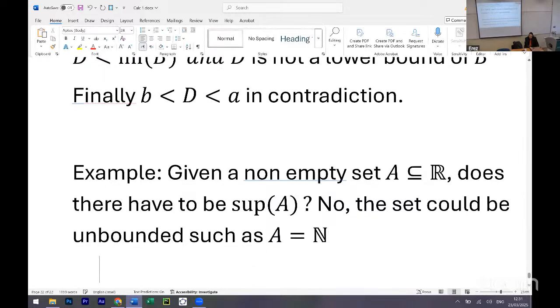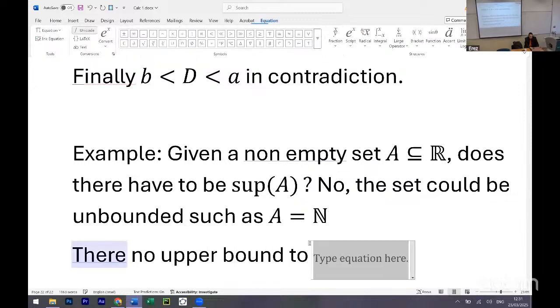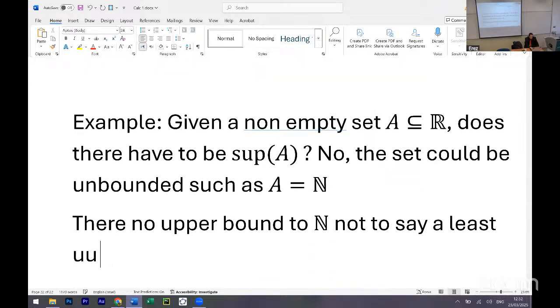There is no upper bound to the natural numbers, not to say least upper bound, because there is no upper bound. The supremum is the least upper bound, the smallest upper bound. If there are no upper bounds, there is definitely not one which is the least. Agreed? But what happens if there is some upper bound?